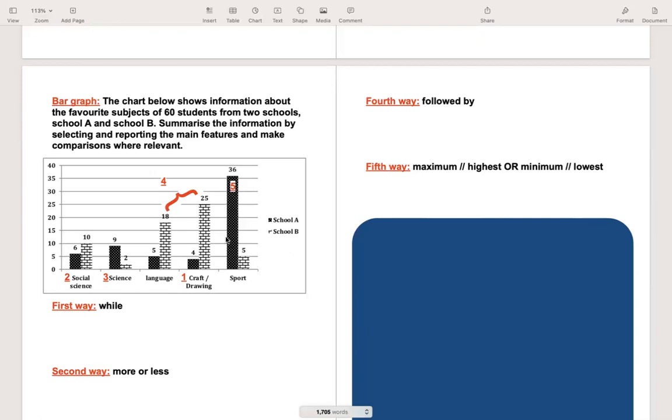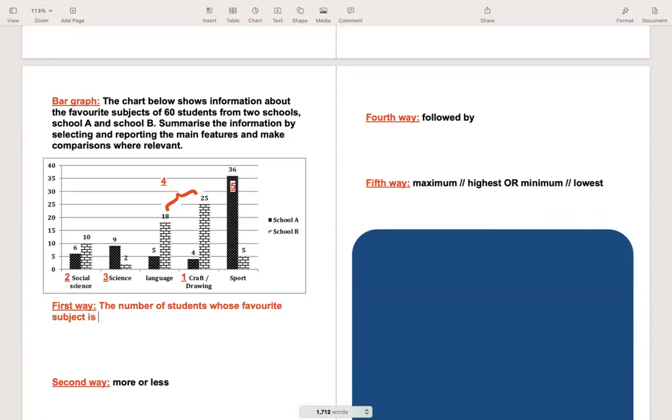Okay, so put a while and make the sentence. Craft and drawing was the favorite. You can make the sentence starting with the number of; you can make the sentences any way. Okay, I'll make a sentence with was. The number of students whose favorite subject is craft and drawing. Is or was? It will be is because there is no past here.